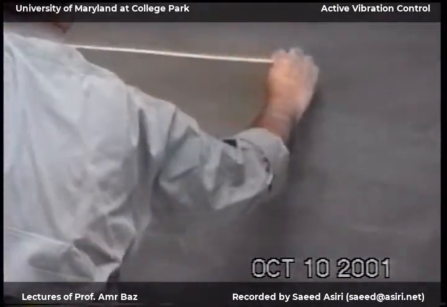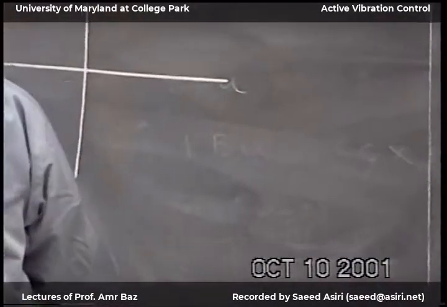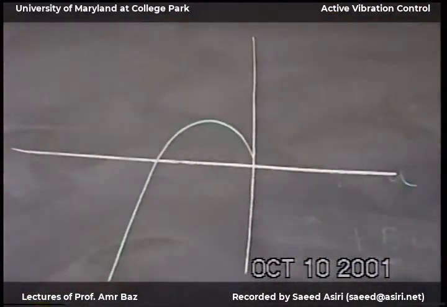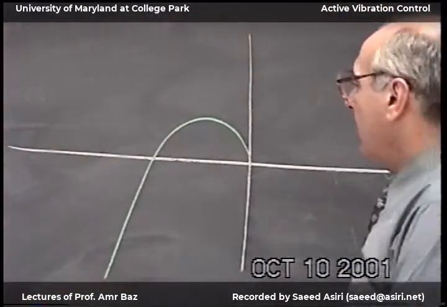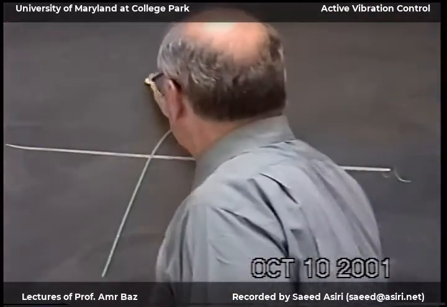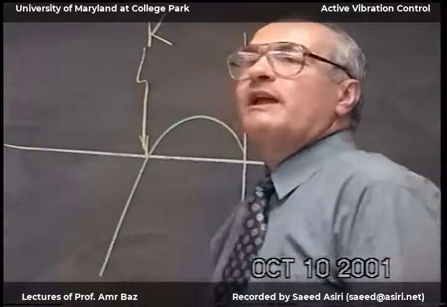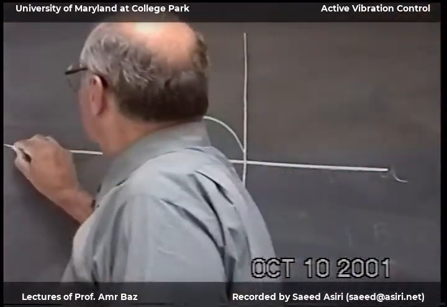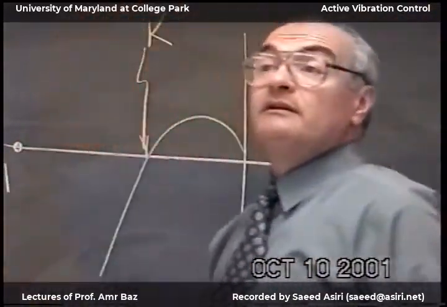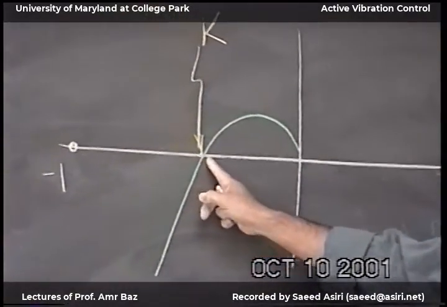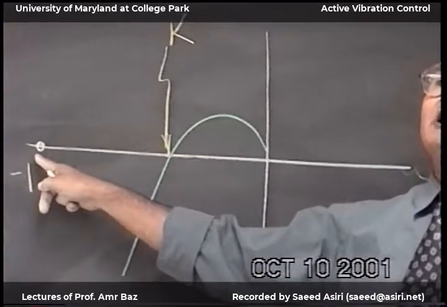So this gives us this plot. If we said, for example, like this. Now this, with whatever gain that we have. And then this is the point minus 1. How much would I increase this gain until it hits minus 1?